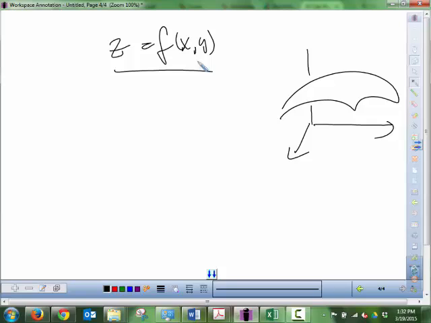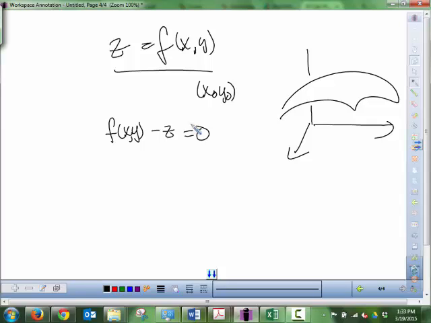Do you remember how to find the equation of the plane tangent to the surface at the point x naught, y naught? Okay? Let's just say that you remember. If I look at this equation and I fiddle with it a little bit, and by fiddling I mean bring the z over to the other side, what do I have?